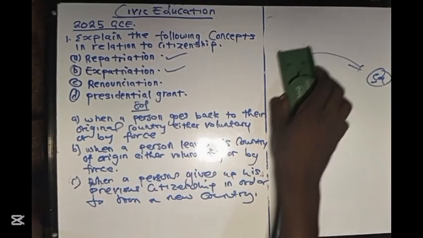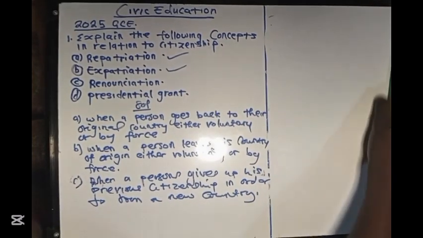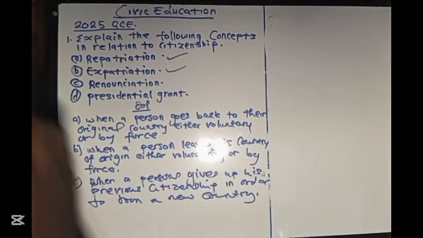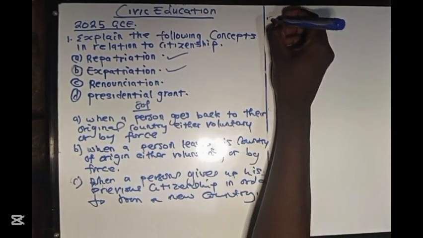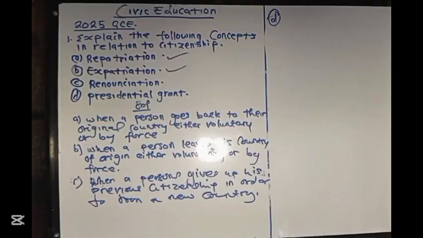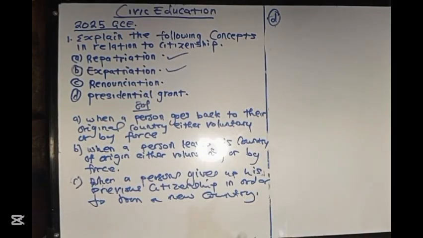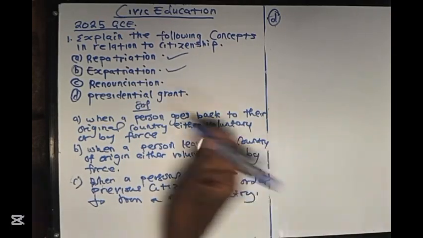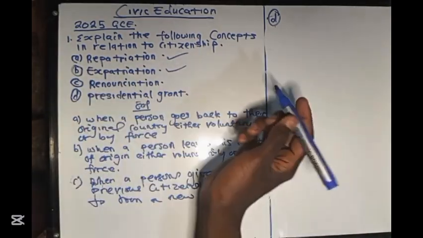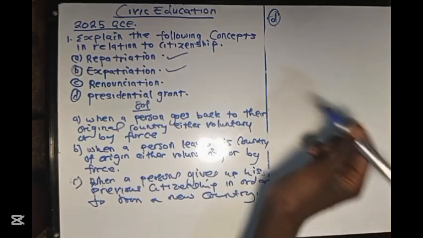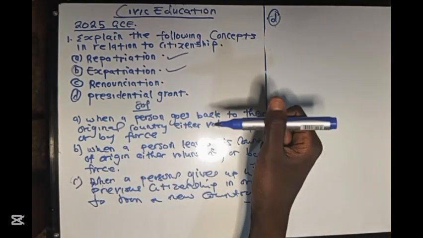Then we want to move on to our last question, which is presidential grant. For presidential grant, we are going to take the example of a musician who used to be a Zambian, who is known as T-Boy. T-Boy went to America and became a soldier.